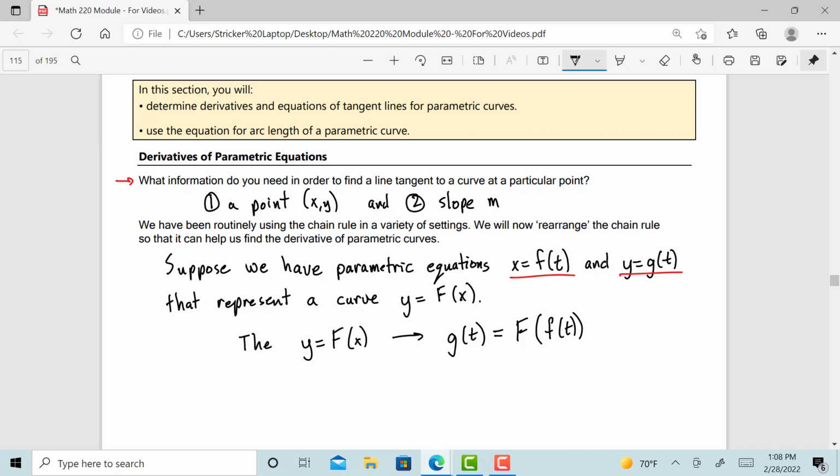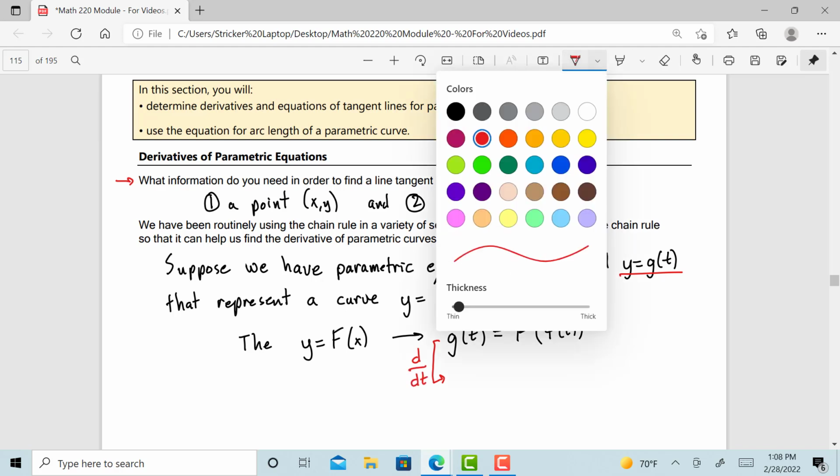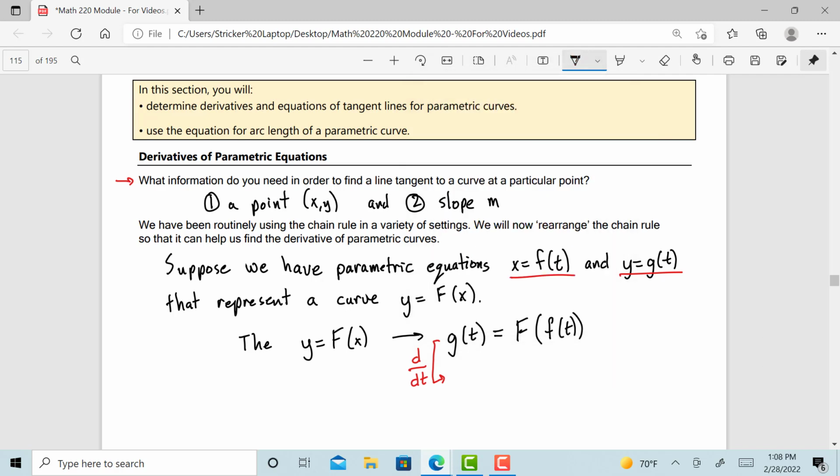Well, we need to know what the derivative is, right? So we need to take the derivative of both sides, with respect to t. On the left side, that's easy. That just becomes g prime of t. But on the right side, now we have a function inside of a function. So what rule do we need?